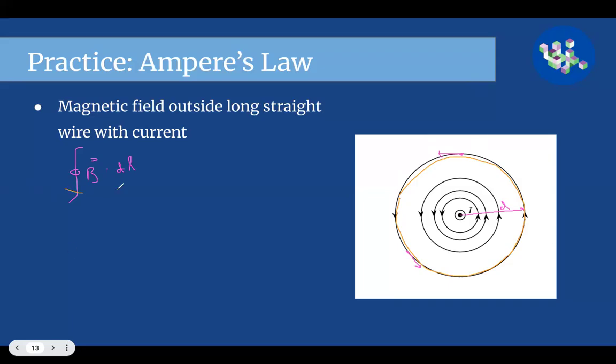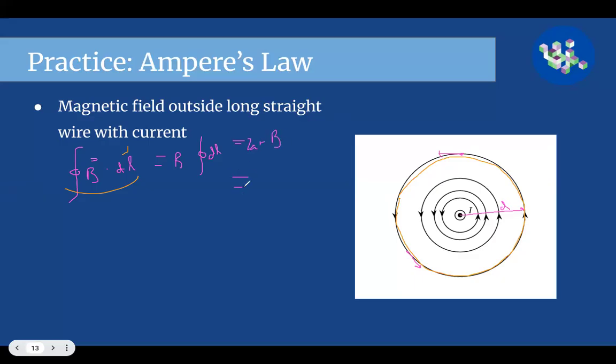Now, everywhere along that path, B dot dl is constant because dl always points in the direction of B. So the result of the integral is just B times the closed loop integral of dl. And what is the closed loop integral of dl? Well, that's just the circumference of the circle, so I'm just getting 2 pi r times B.